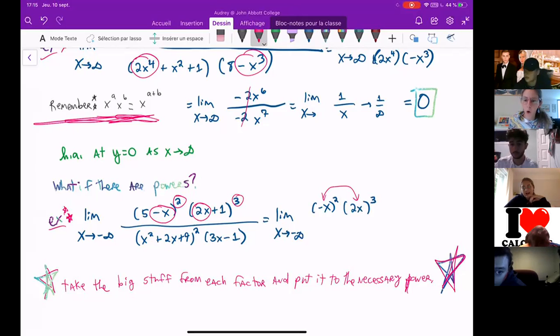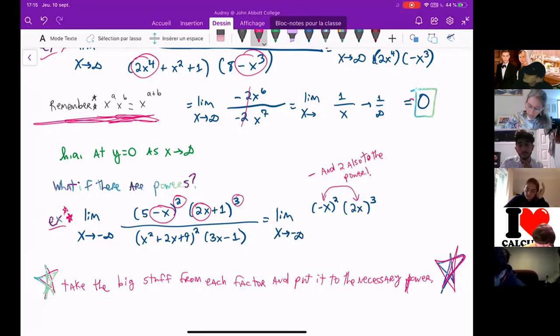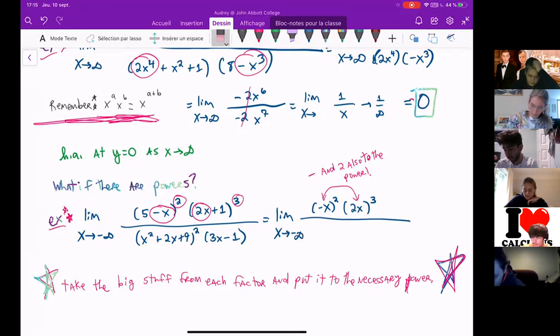The negative and the 2 are also to the power. So it'd be 8x to the power 5? You got it, exactly that. And we'll do that in 2 steps. So also to the power. Good. What am I going to take in the denominator? X squared to the power 2? X squared to the power of 2 and 3x.